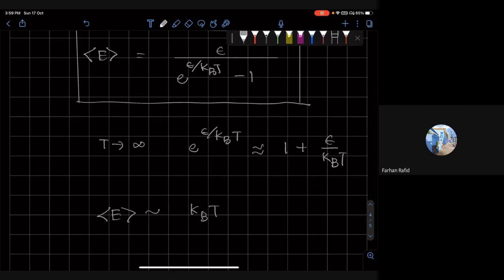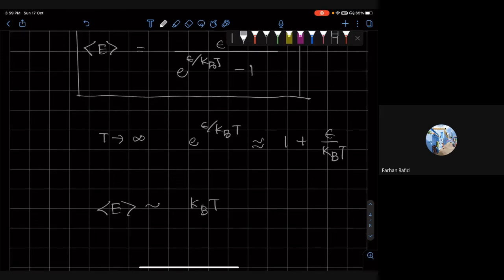So for it to match the classical result, isn't T goes to infinity a weird assumption or something like that? No, T goes to infinity is not weird because we are just saying that T is large. That's all we're saying. We are introducing a new energy scale, right?